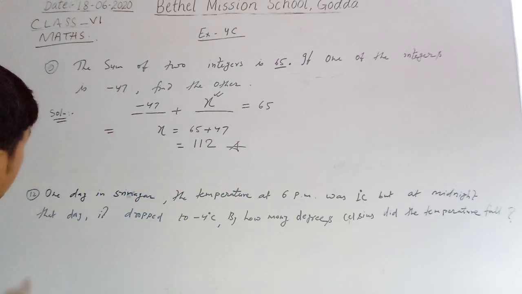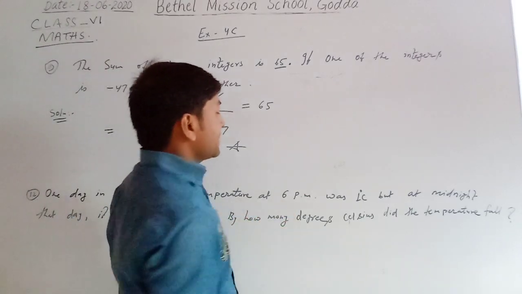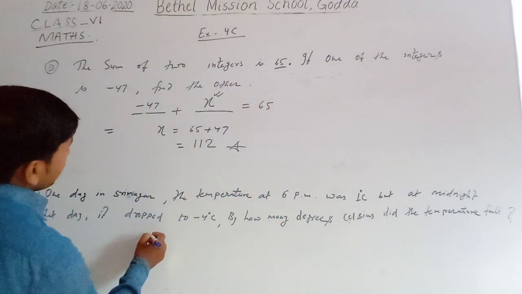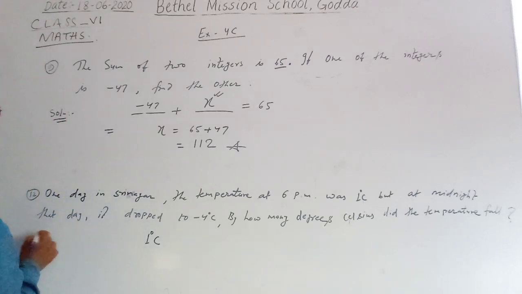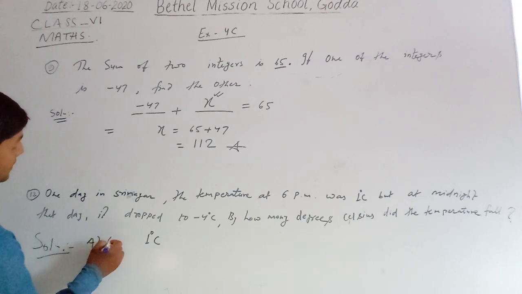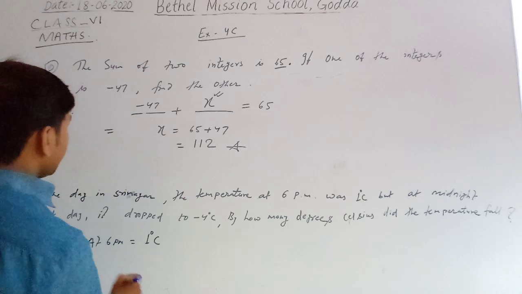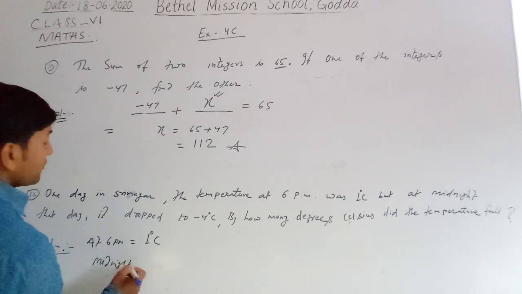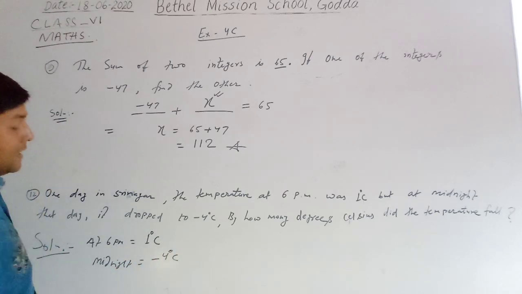Now 12th number. One day in Srinagar, the temperature at 6 p.m. was 1 degree Celsius. That was the initial temperature. Now at midnight, it fell to minus 4 degrees Celsius.